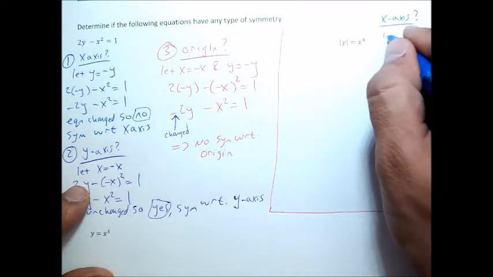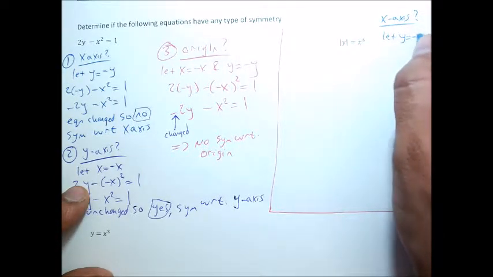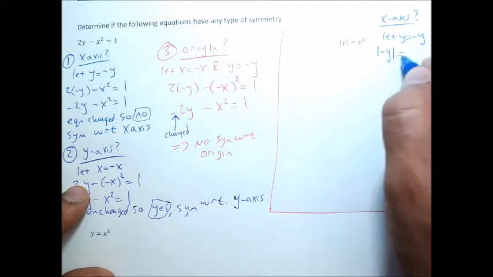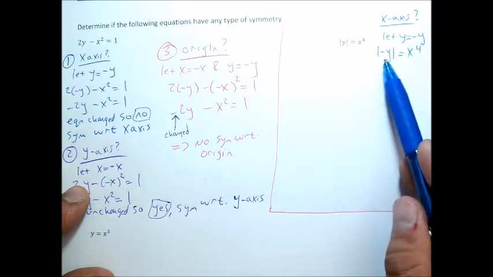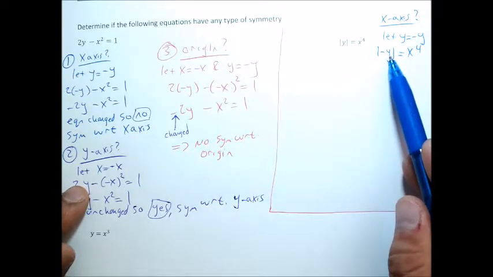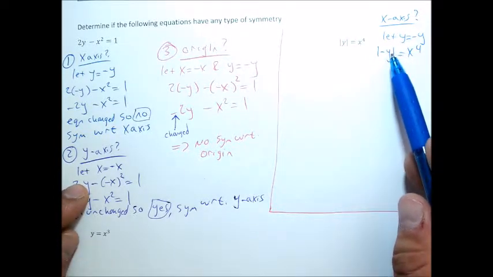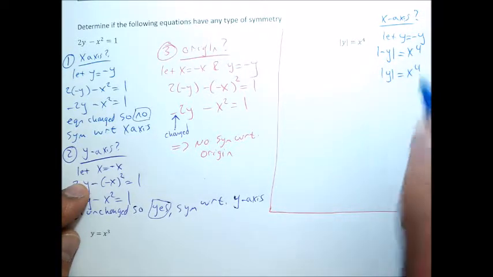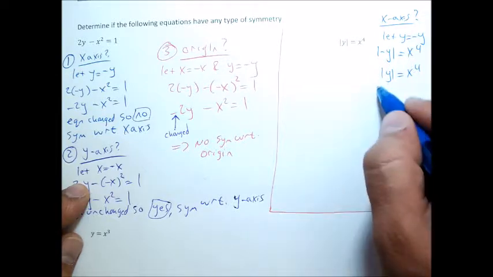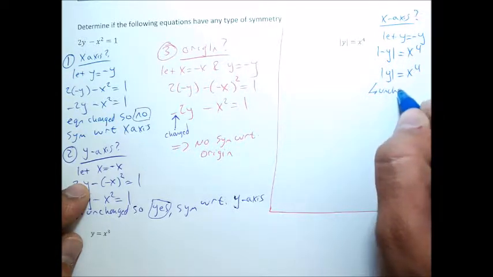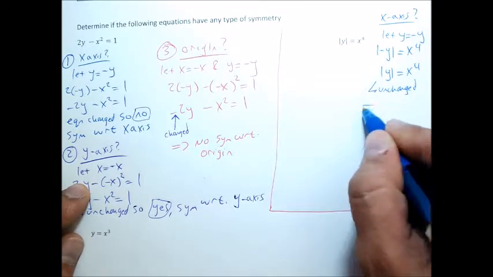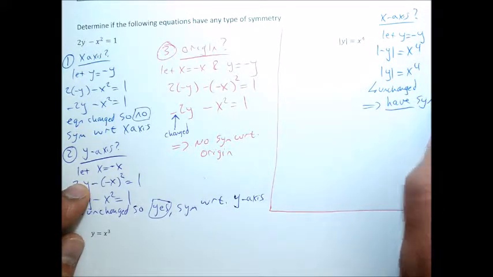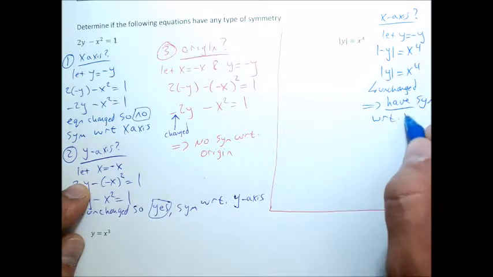So we let y equal negative y. When we do that, it ends up inside the absolute value, right? And we know that absolute values also make things positive, just like squares make things positive. So that is going to change it back to our original function. Because this is unchanged, this means we have symmetry with respect to the x-axis.